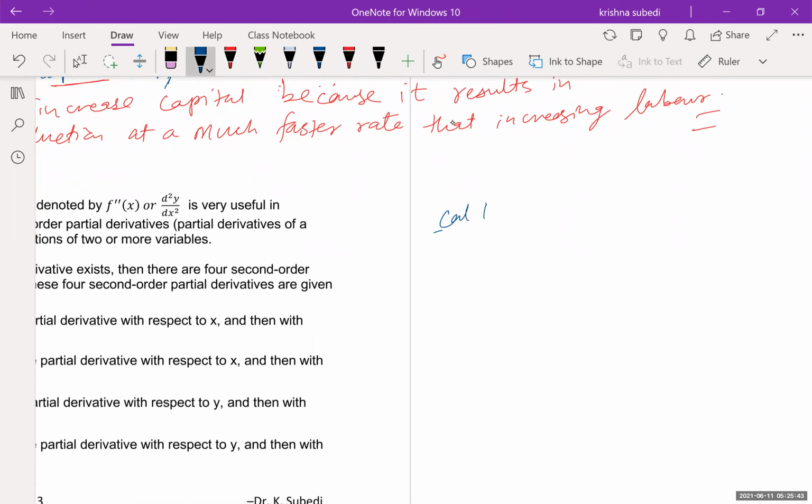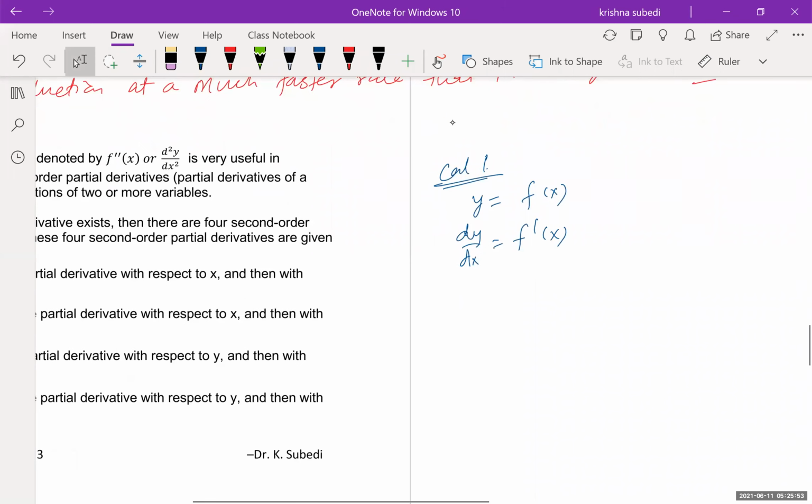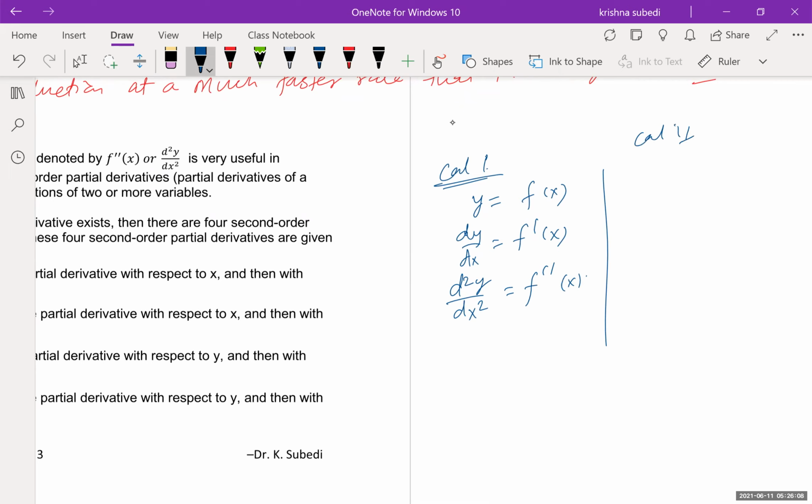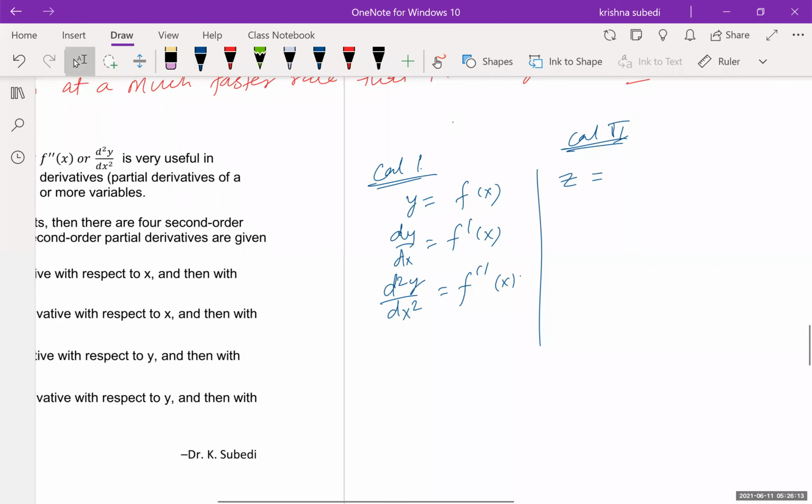In calculus 1, suppose you are given y equals f of x, then dy over dx is f prime of x, we know that. And if you want to find the second derivative, that's how you write, right? D notation is this, or you can write f double prime of x. In the same manner, in calculus 2 here in this course, suppose you are given z equals f of xy.